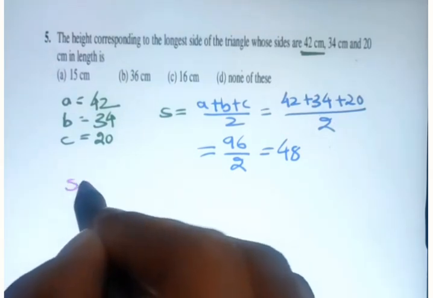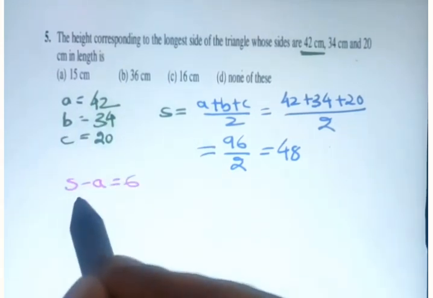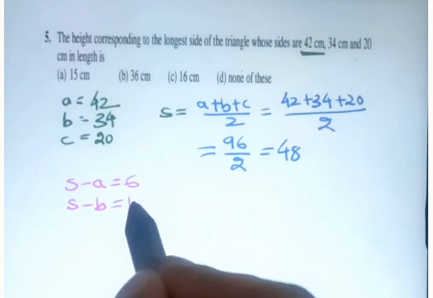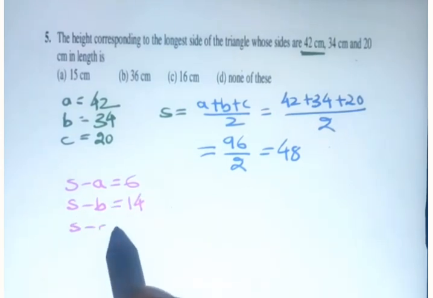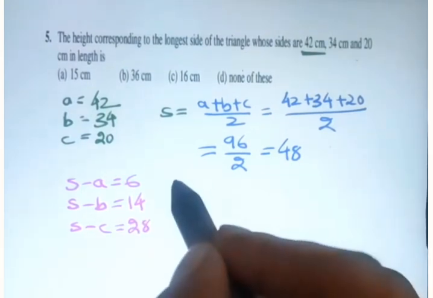Now let's find the values of S minus A. S minus A will be 48 minus 42, which is equal to 6. S minus B, 48 minus 34, which is equal to 14. S minus C, 48 minus 20, which is equal to 28.